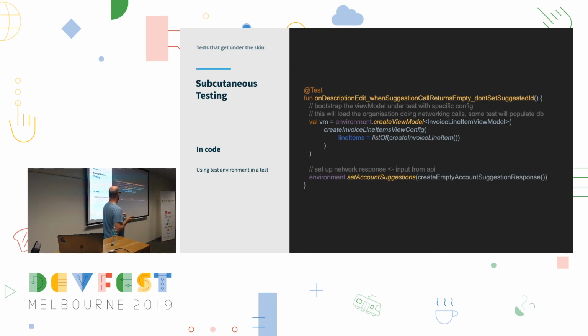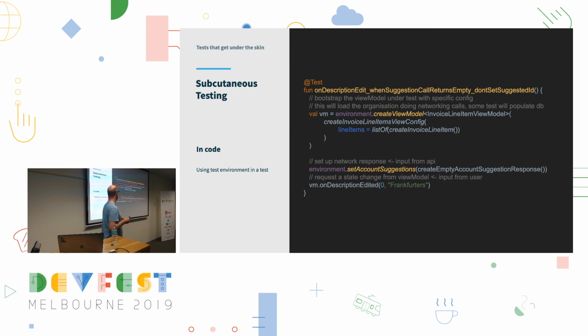Then we set up another networking response, because what we're going to test now is that whenever the user types a different description, we want our backend to be able to categorize that to a specific account. In this case, we say we don't get any suggestion back. Now we do the same thing at the UI.